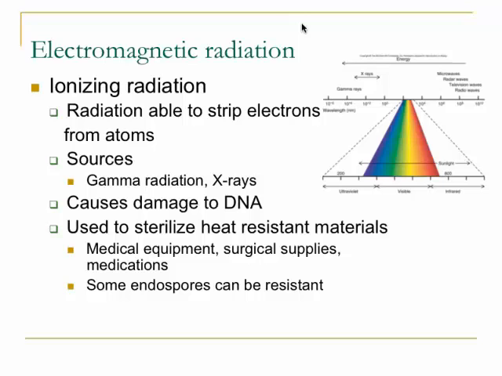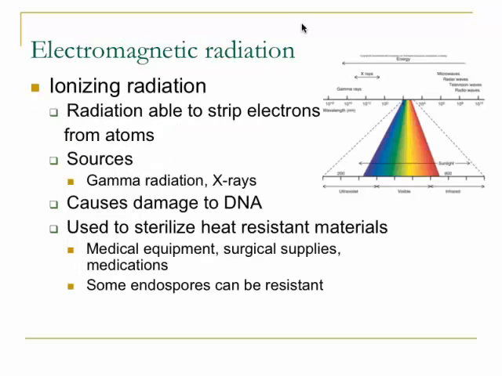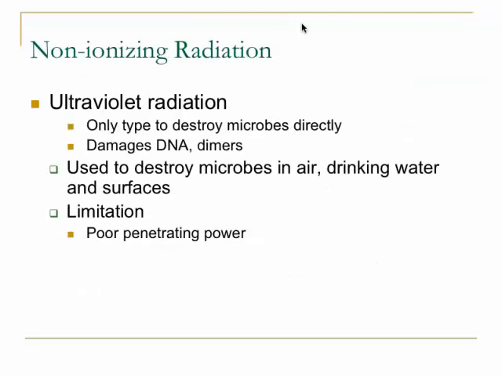The changes that occur in your skin over time from repeated exposure to sunlight, which is ultraviolet radiation, change your DNA such that it can cause cancer. So cancer is initiated by changes in your DNA. And so radiation, whether it's ultraviolet radiation or ionizing radiation, affects the DNA of the microorganisms. Without functional DNA, they can't replicate.